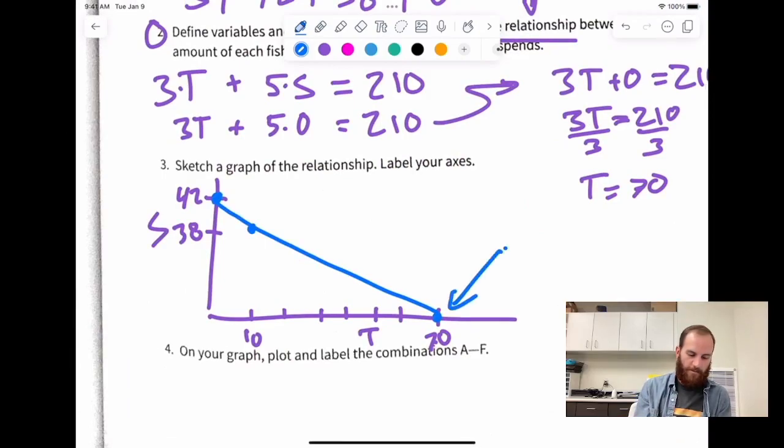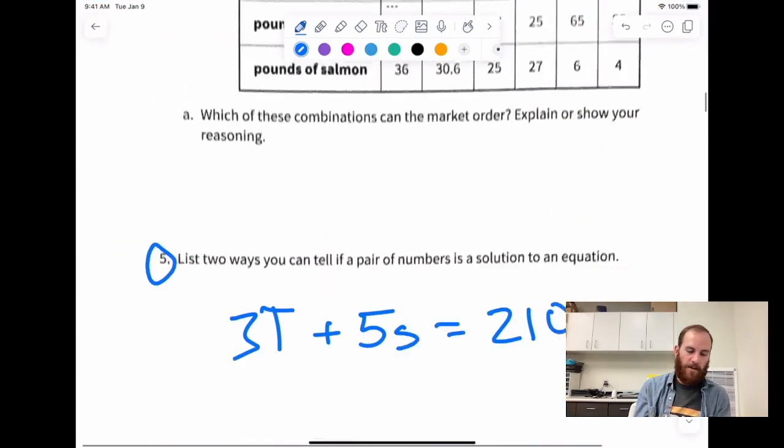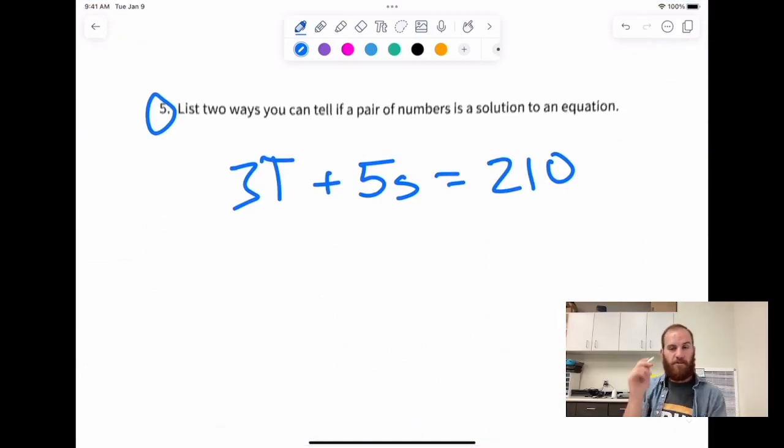This point here, sorry, 70, 0. That is on our graph. That must be a solution to the equation. If a point is on the line of an equation, then that point is a solution to the equation.